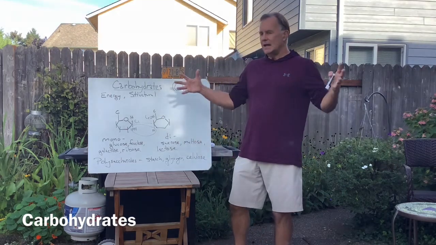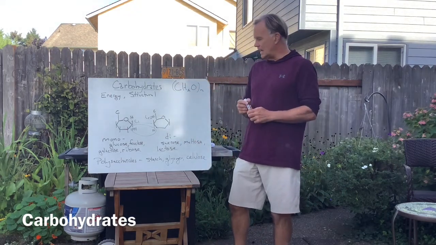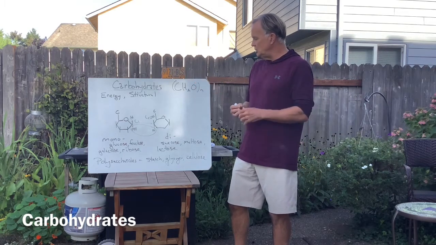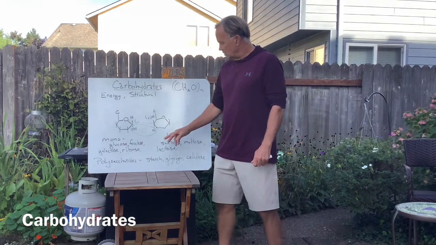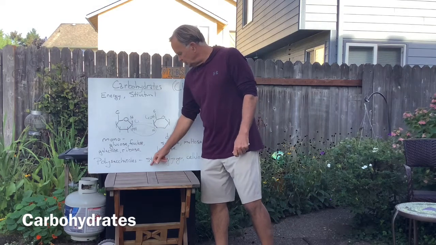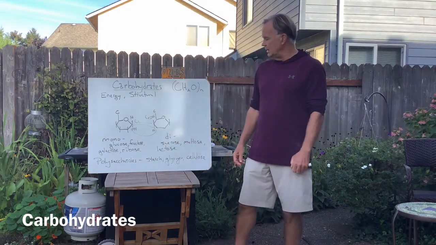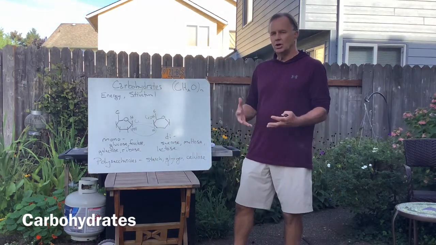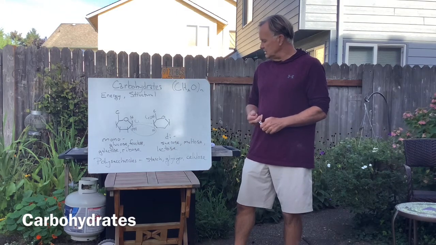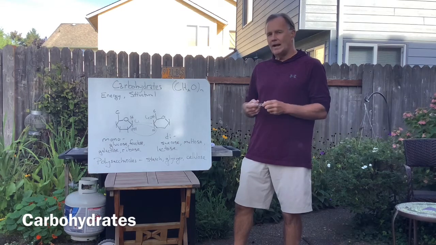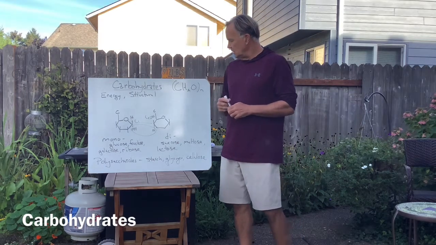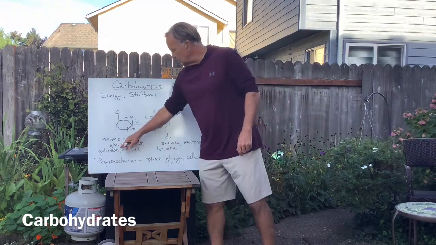You put a lot of them together and you make what are called polysaccharides. So, huge chains. Some common ones: starch, of course, which is the storage of sugar in plants. Starchy foods like breads and potatoes and so forth have a lot of starch. It's highly branched glucose monomers together.